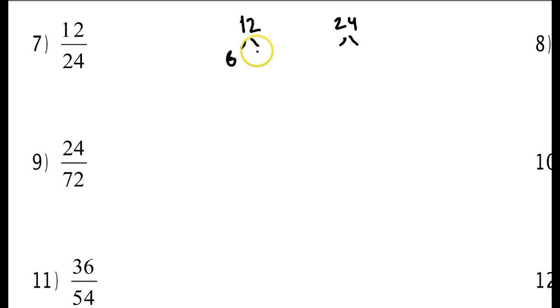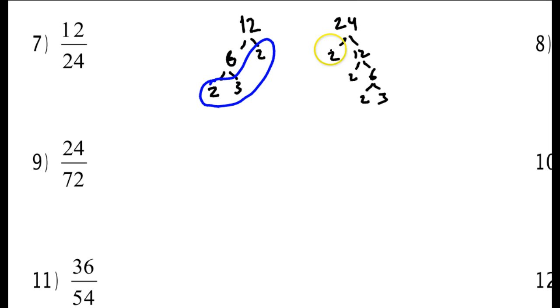I'm going to do 6 and 2, 2 and 3. 24, I'm going to do 2 and 12, and 2 and 6, and 2 and 3. I know most of you probably saw, I'll do 6 and 4. That's fine. You'll get the same answer. Over here, you might have done 3 and 4. That's fine. You get the same answer. That's the thing about primes. It always comes out to the same prime numbers.